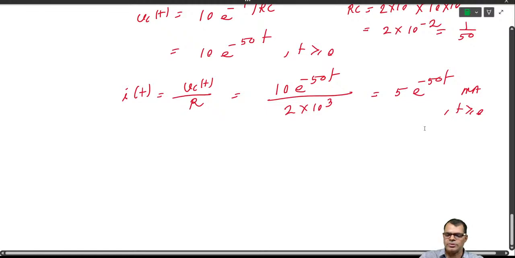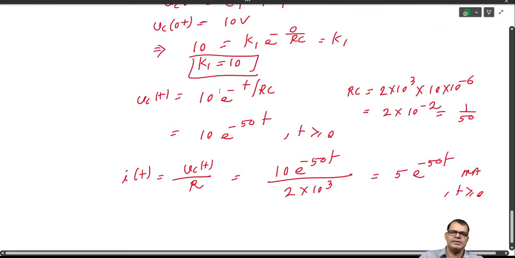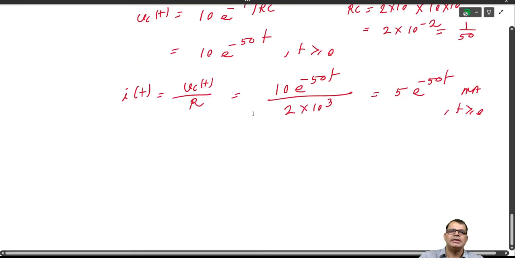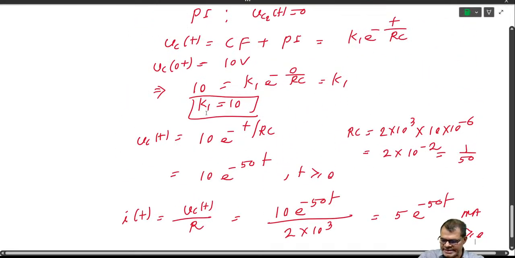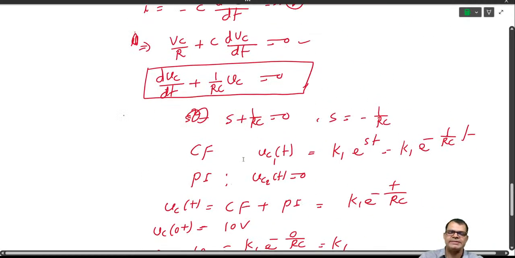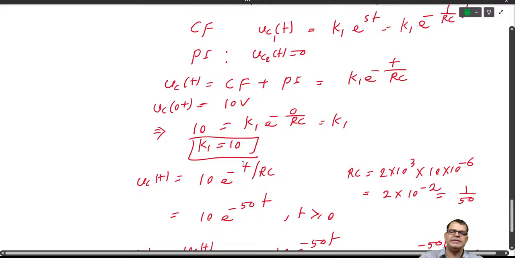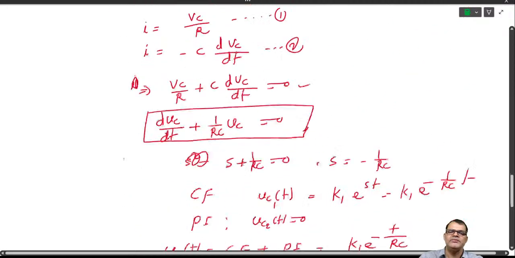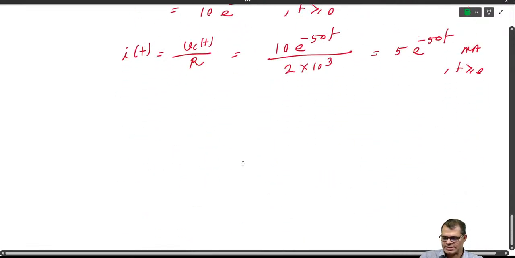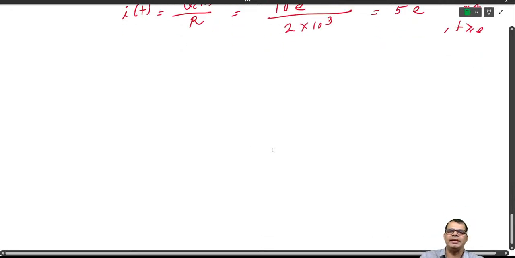But before concluding today's topic, for a single time constant circuit, instead of solving this, you can write the equation directly.